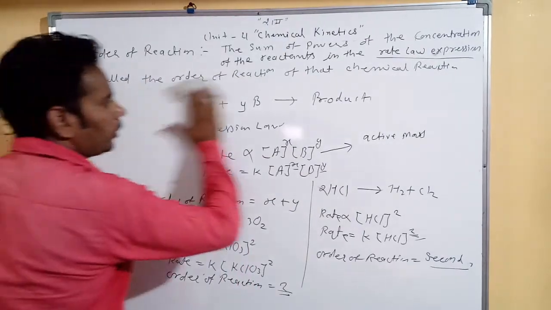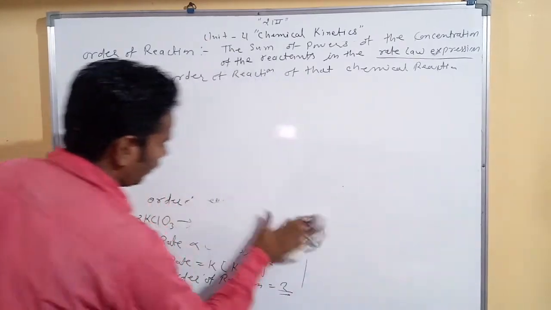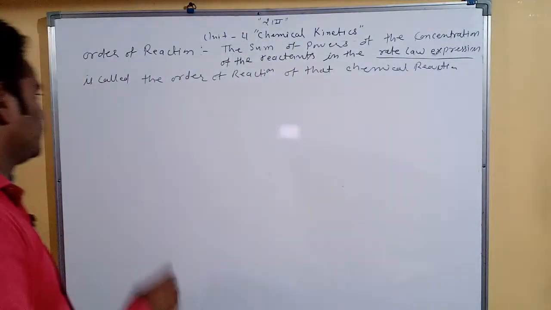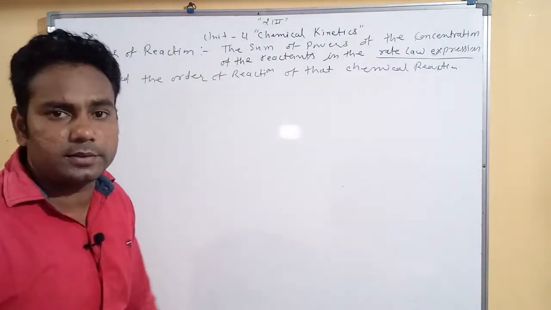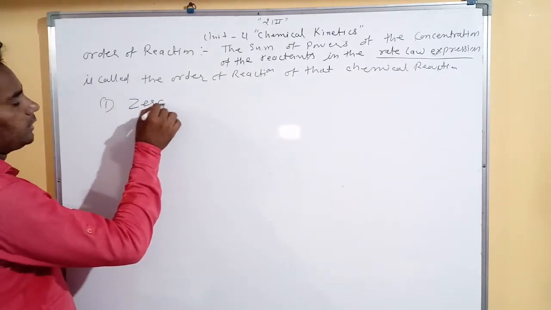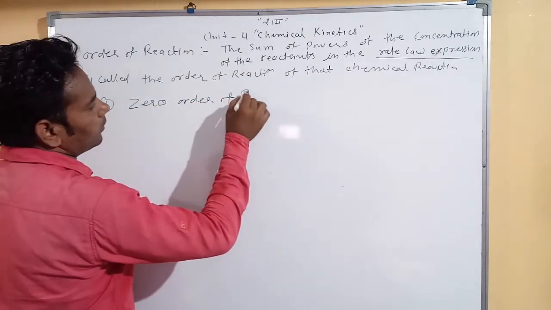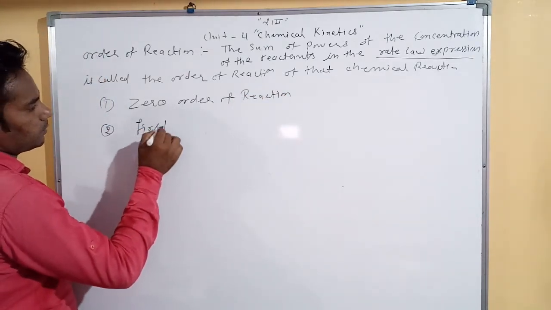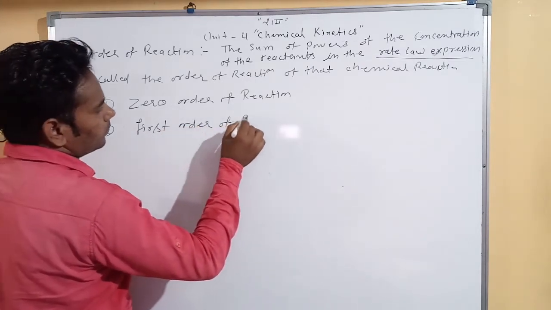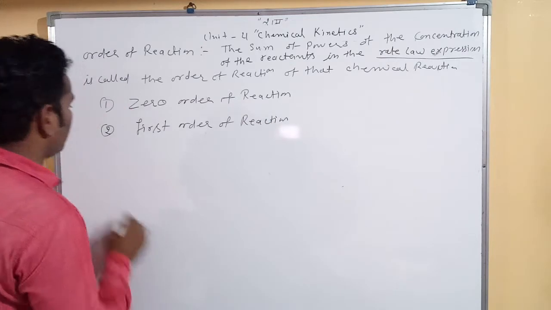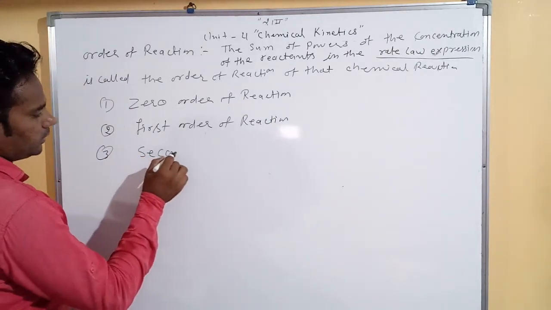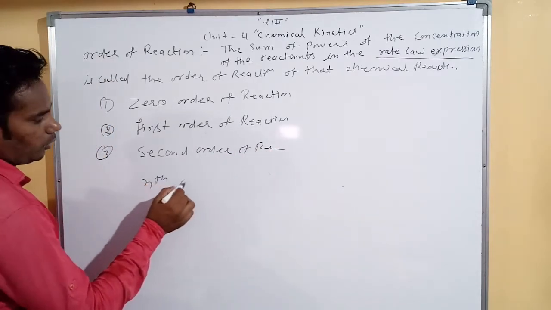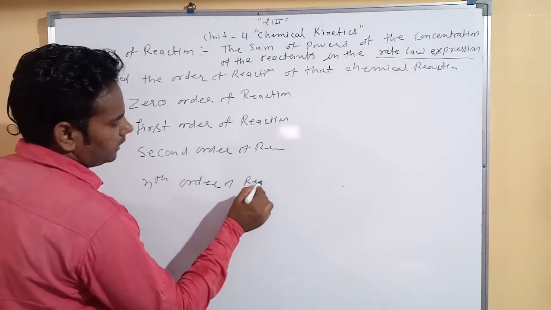On the basis of order of reaction, chemical reactions are again divided into some parts: zero order of reaction, first order of reaction, second order of reaction, third order, and nth order of reaction.